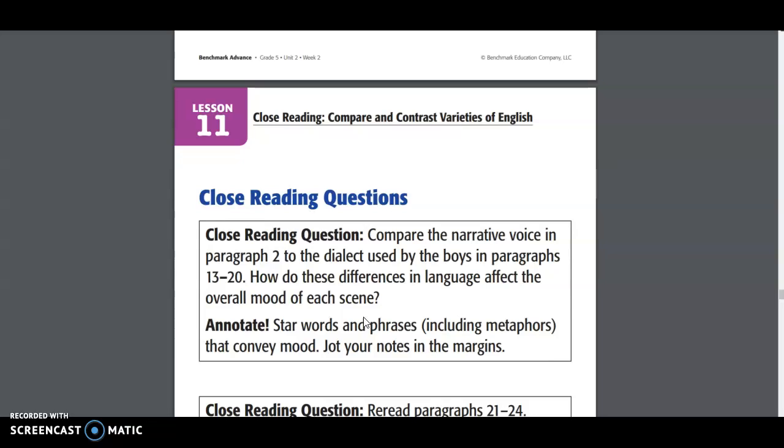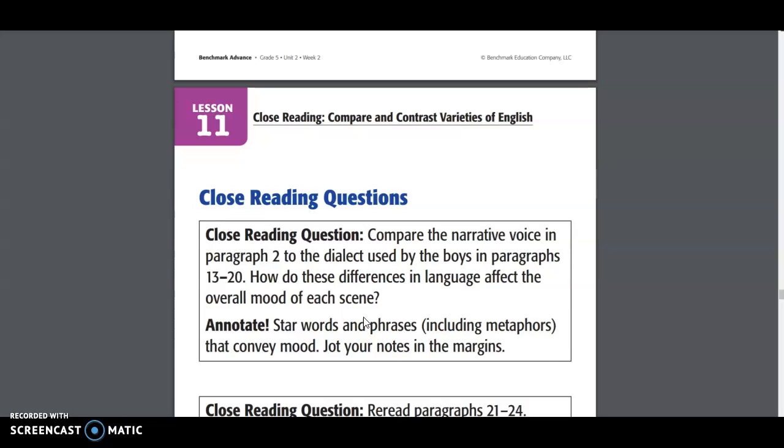Now remember, a metaphor is comparing two things like a simile was, but similes specifically use like or as. But a metaphor compares things and they don't literally mean what they say. So for example, raining cats and dogs.